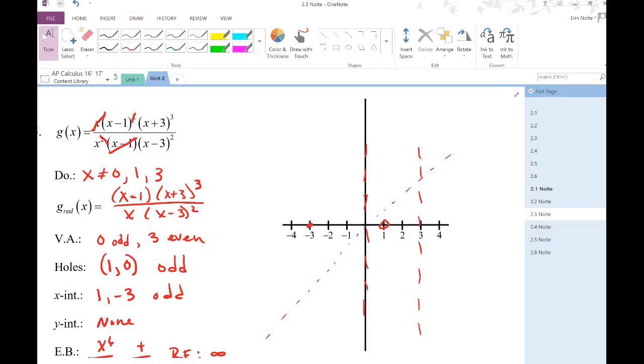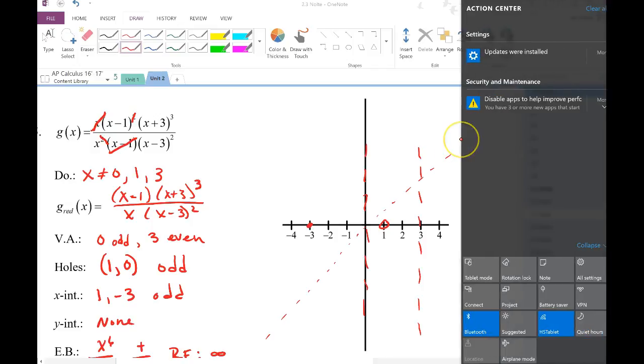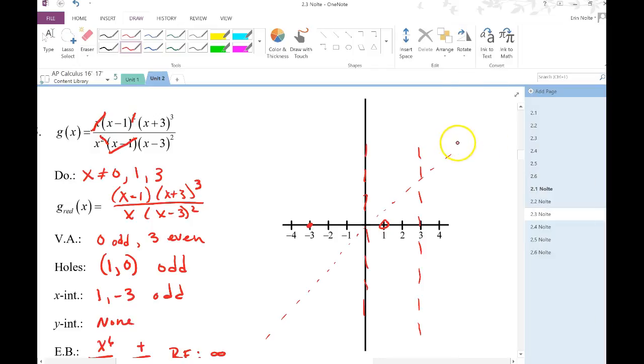The function is going to ride this, and because it's bounded by these asymptotes, which means it can't cross them, it's going to curl and go back up. Right here, it goes up like this. You can't cross slant or vertical asymptotes.